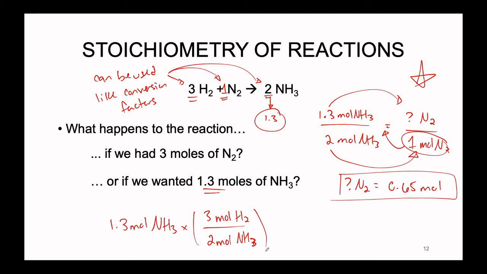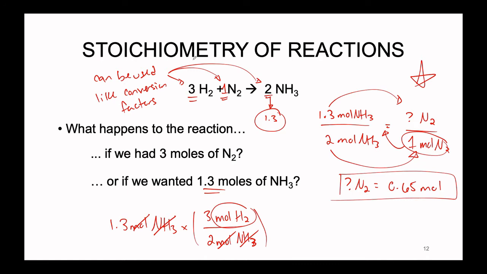So we're going to be using our chemical formula like units. So moles of NH3 cancel with moles of NH3, and we can see that we're only left with moles of H2 in the numerator.